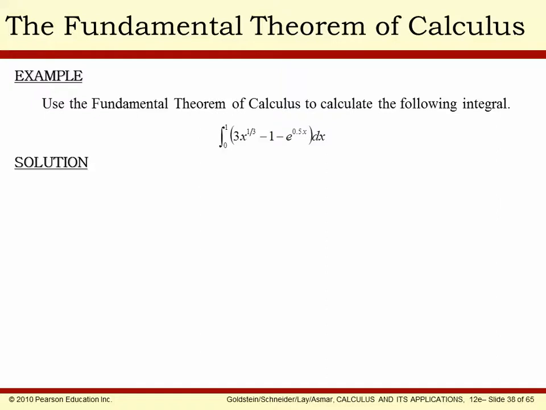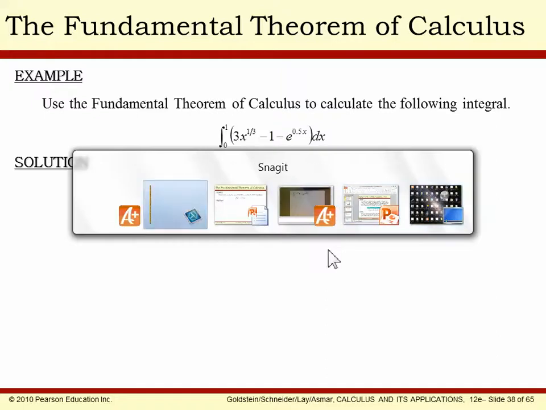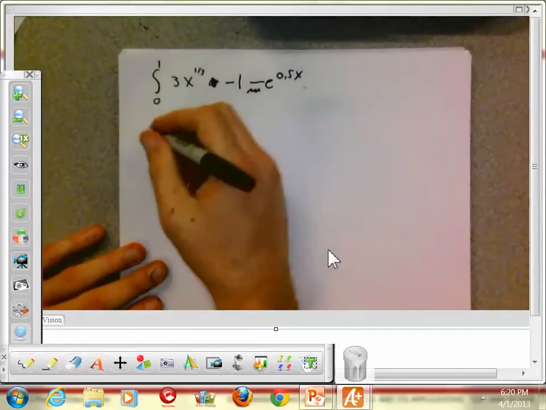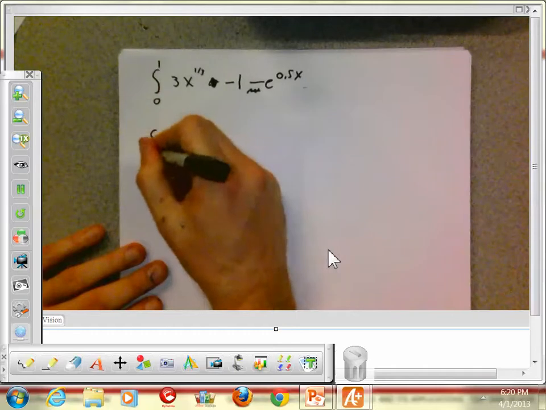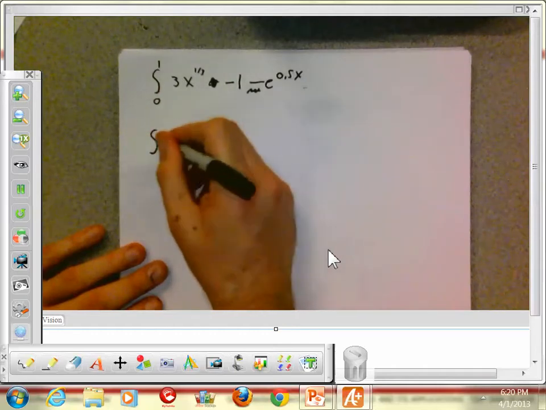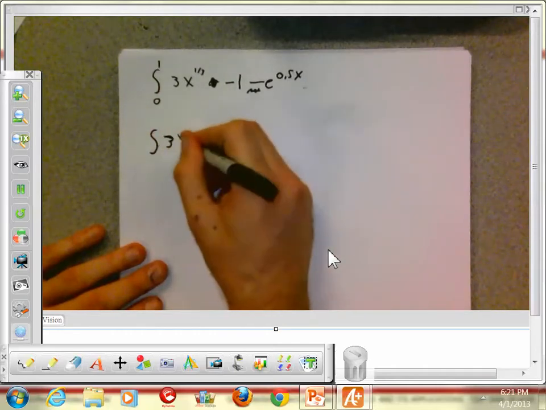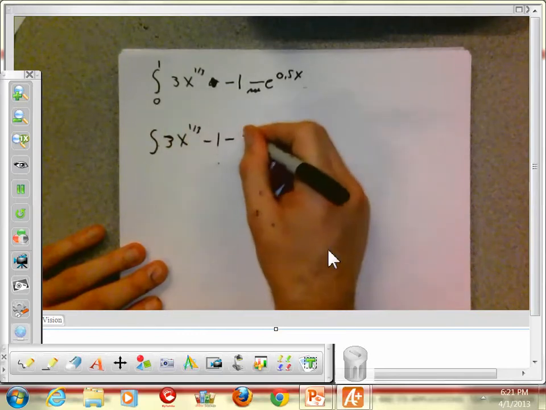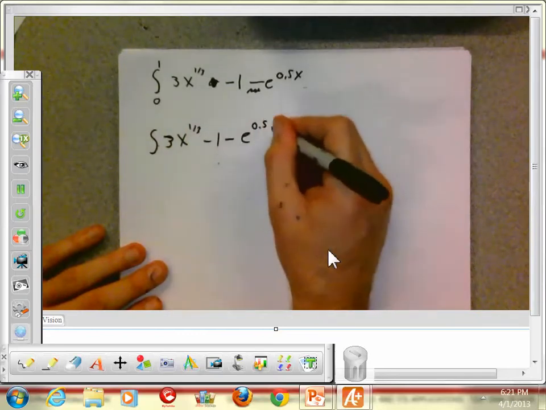All right? Okay. Now, the idea is to find an antiderivative of that. So we're going to look for an antiderivative of this expression. We're going to start with 3 times x to the 1/3 minus 1 minus e to the 0.5x dx.